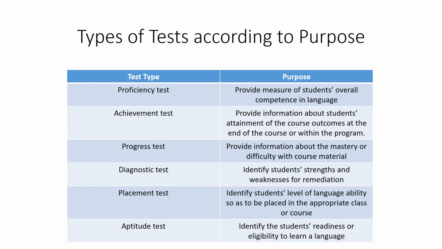So if you are making an aptitude test for your students, what kind of components should this test measure? It should measure, as we said, sound coding ability, because you remember the components of aptitude. We talked about three components: phonological ability, syntactic ability, and psychological ability.